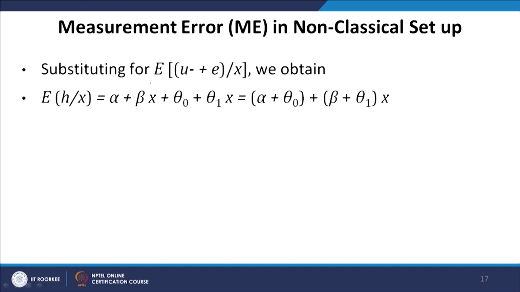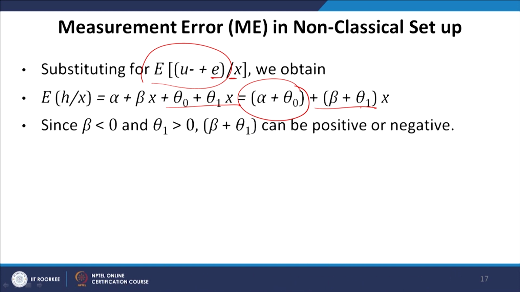So, this expression is the linear relation we obtain between e and x, and that is what is being replaced here. As a result, now this is my constant term and this is my parameter of x. Now, this parameter of x is actually not equal to beta, you can see again.